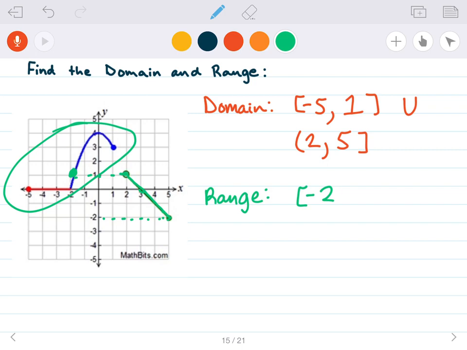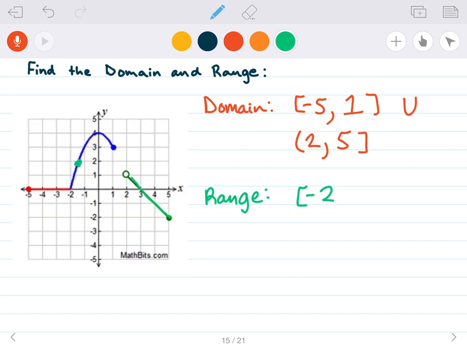So we hop over here and then it still comes up. So actually, there's no hole. There's no gap in the range because we have these two separate curves that we can work with. There's no gap. So it goes from y equals -2, right?